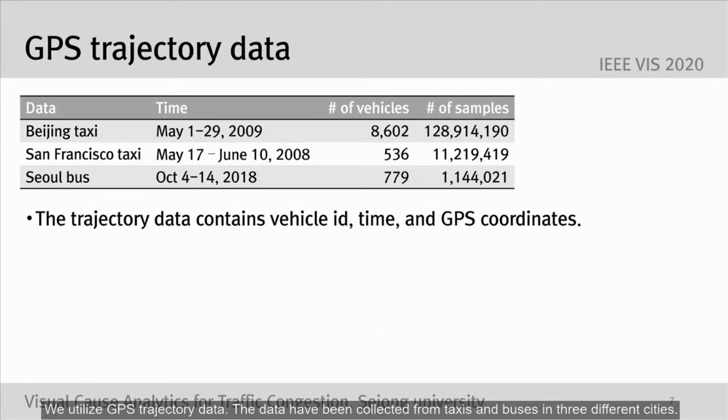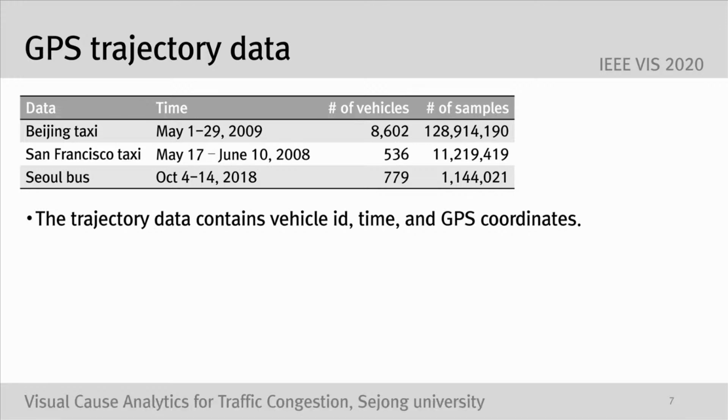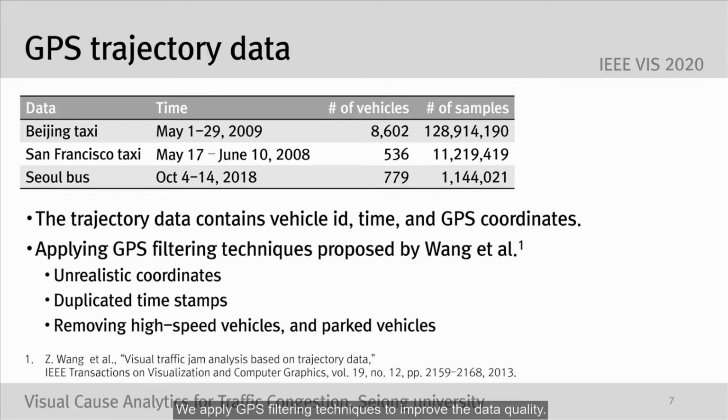We utilized GPS trajectory data in our work. The data have been collected from the taxis and buses in 3 different cities. The data contain the vehicle ID, time, and GPS coordinates. We apply GPS filtering technique to improve the data quality.